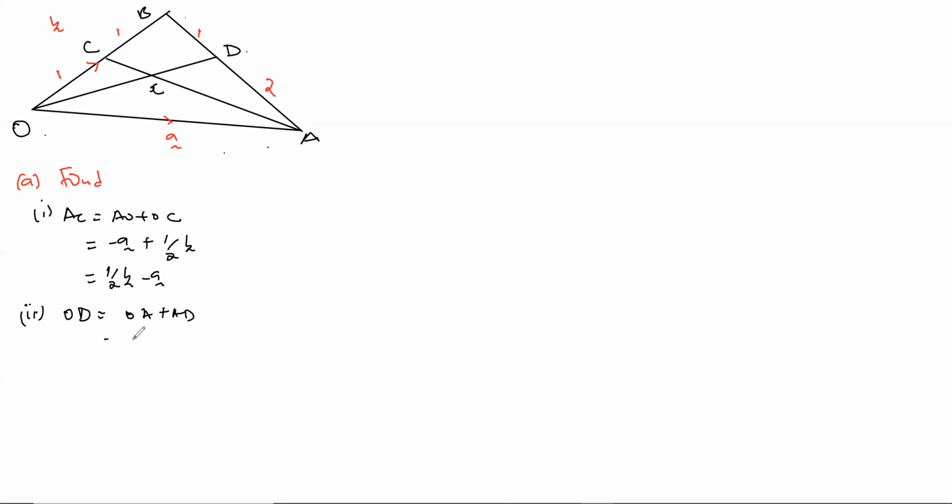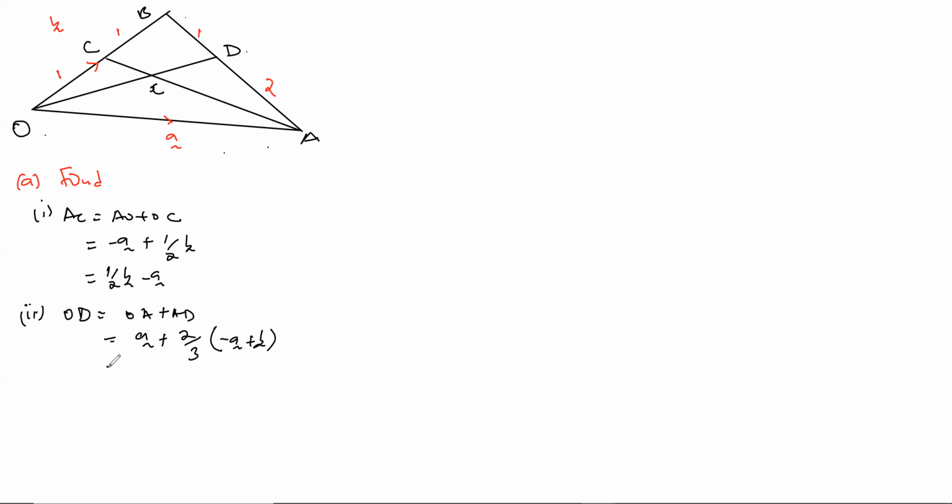OA, oh sorry, OA is not negative A. OA is actually A, because we said the vector OA is A, and AD is a fraction of AB. Which fraction? 2 over 3 of AB. But AB we already said is negative A plus B. So I'll put brackets negative A then plus B.